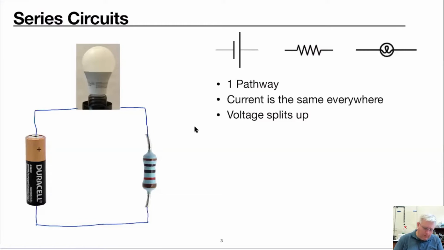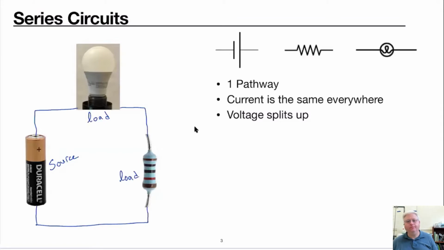And so sometimes we refer to the battery or whatever is powering the circuit as the source, because it's the source of energy. And whatever's in the circuit that's using the energy, sometimes we'll refer to it as the load.